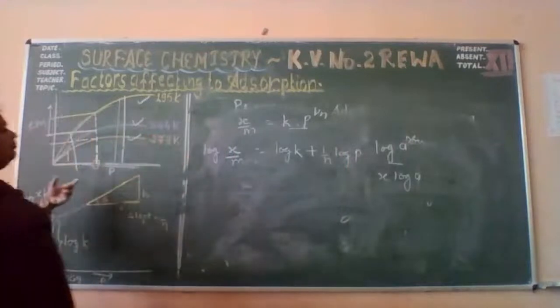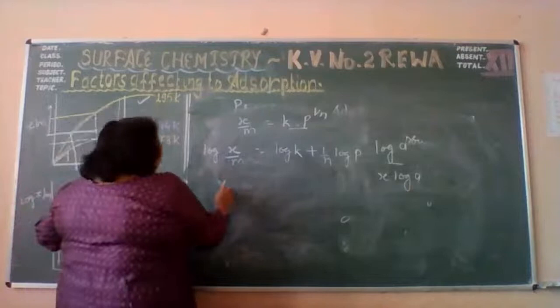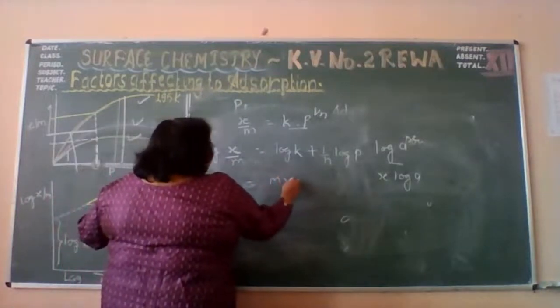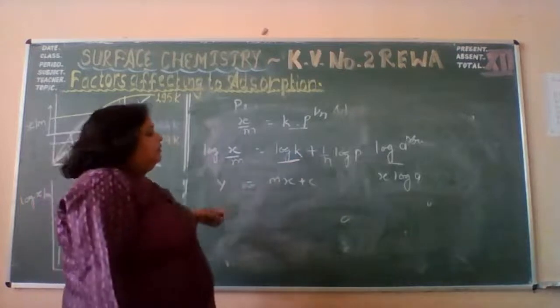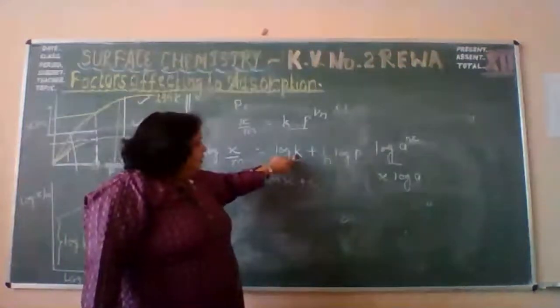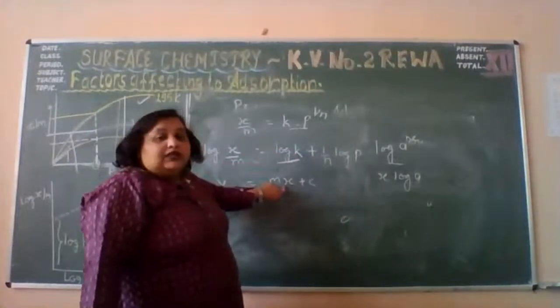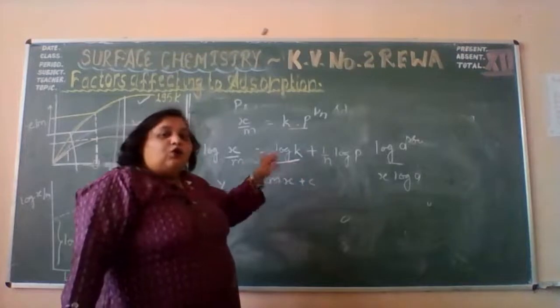Now, you compare it with the linear graph equation, y is equal to mx plus c. Can I take it as the mx? No, I cannot, since k is the constant here and always in the graph, the x and y axis are taking the variables.